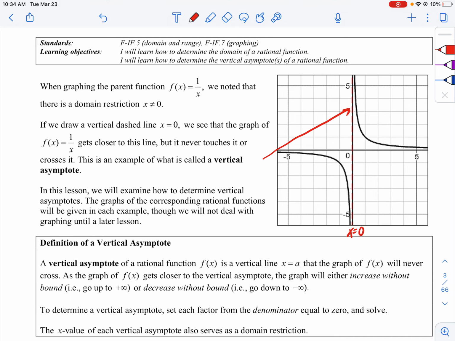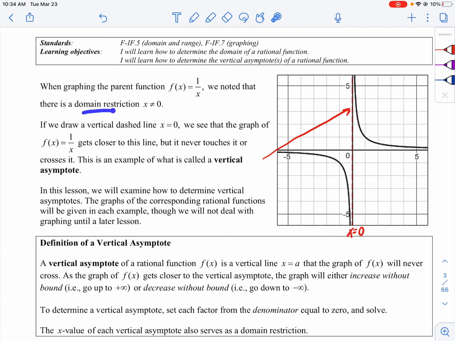In this lesson, we will examine how to determine the vertical asymptote. The graph of the corresponding rational function will be given in each example, though we will not deal with graphing until a later lesson.